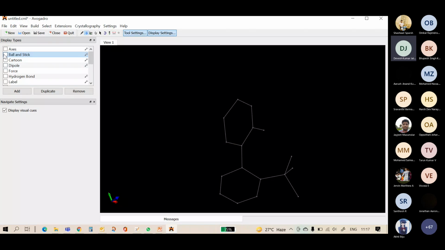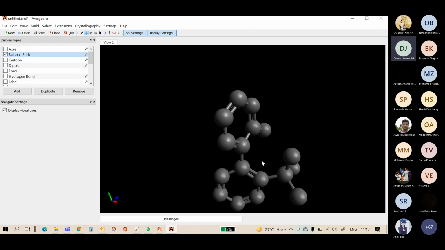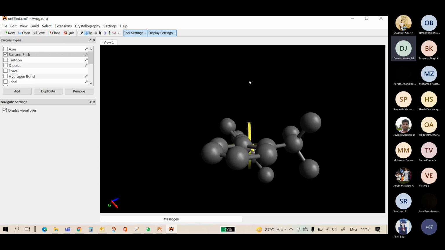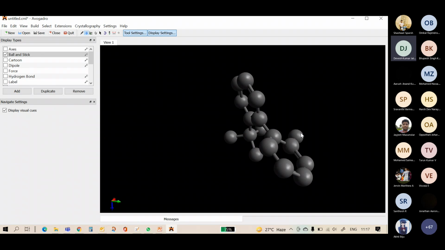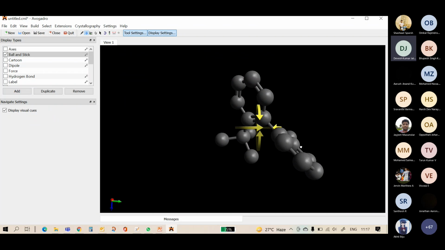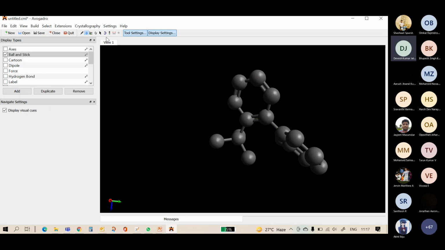Okay, but still I think that this is not the ideal shape. The best shape will be when this whole thing twists and turns so that it comes here. So let's see if we can reach that by a different method.